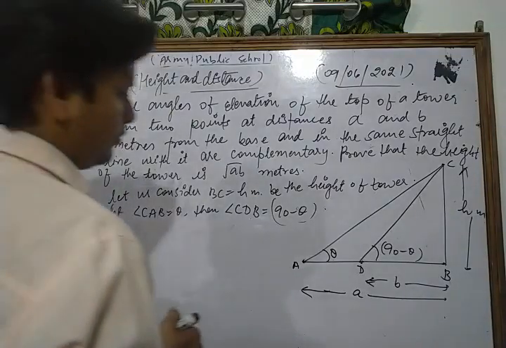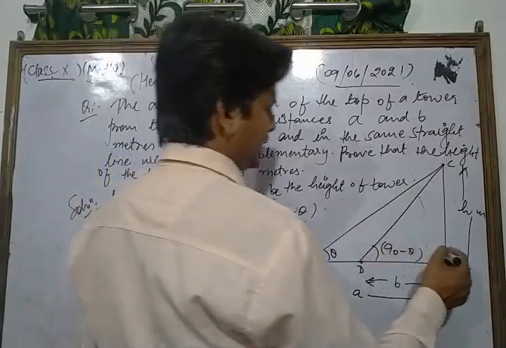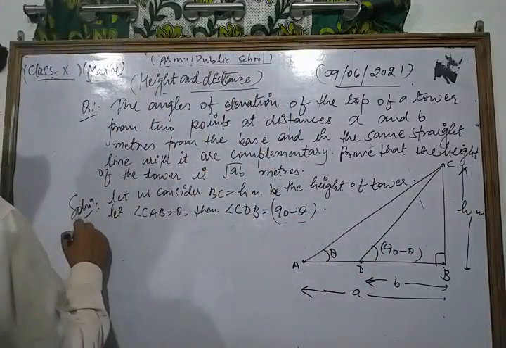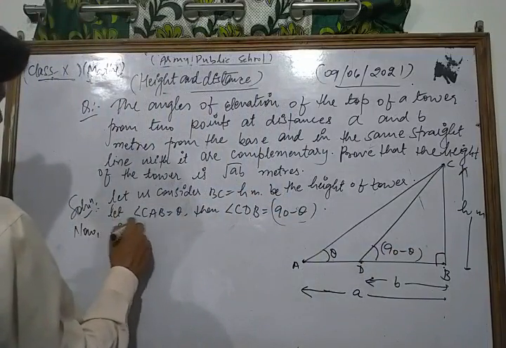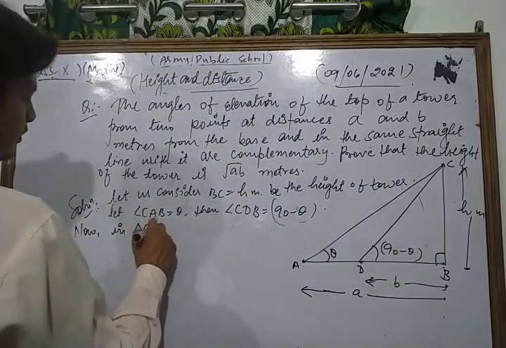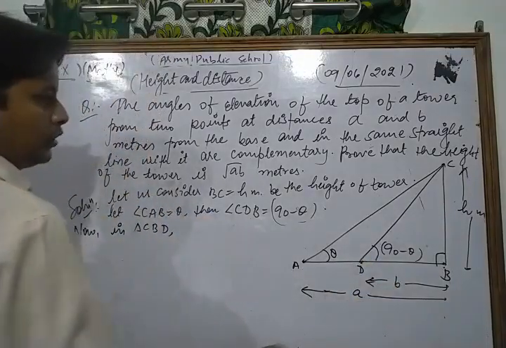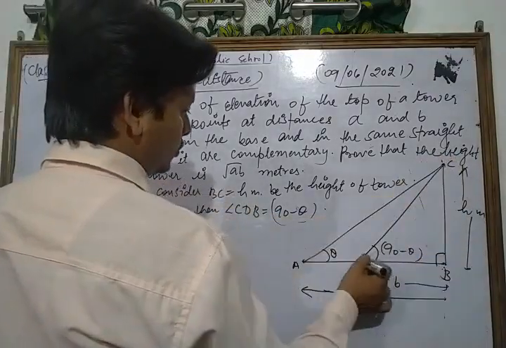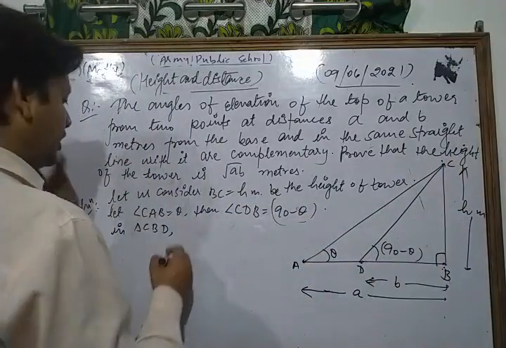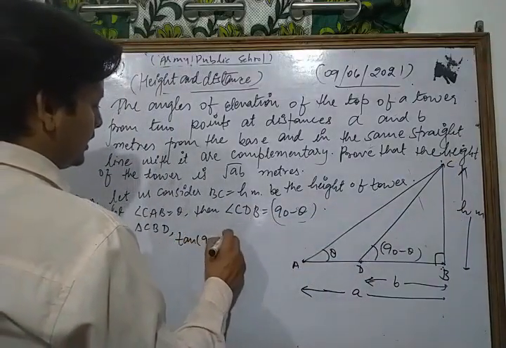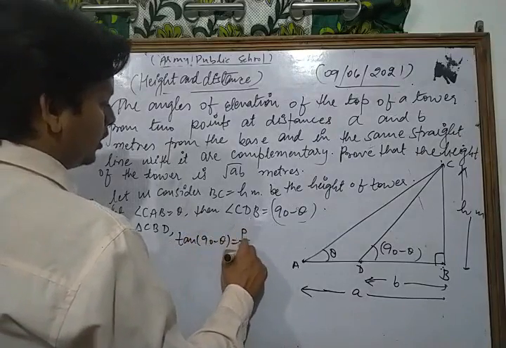Now first of all we take triangle CBD. In triangle CBD we take the tan, because this is the perpendicular and this is the base, so we apply tan of angle D. So tan of 90 minus theta is perpendicular upon base.